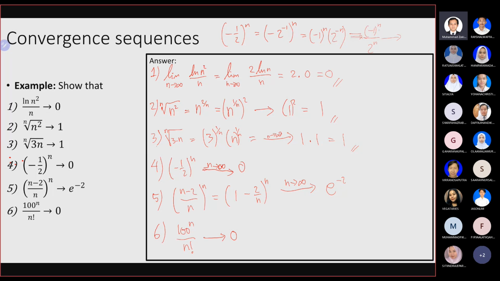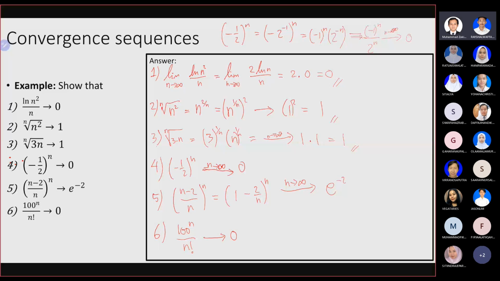Min 1 pangkat n itu hanya akan berubah dari min 1, 1, min 1, 1, dan seterusnya. Dan 2 pangkat n kalau n-nya terus naik, maka dia akan semakin menuju tak hingga. Maka ketika n-nya menuju tak hingga, dia akan menuju 0. Karena penyebutnya semakin besar, tapi pembilangnya cuma antara min 1 atau 1. Oh, I see. Oke. Thank you, Sir.